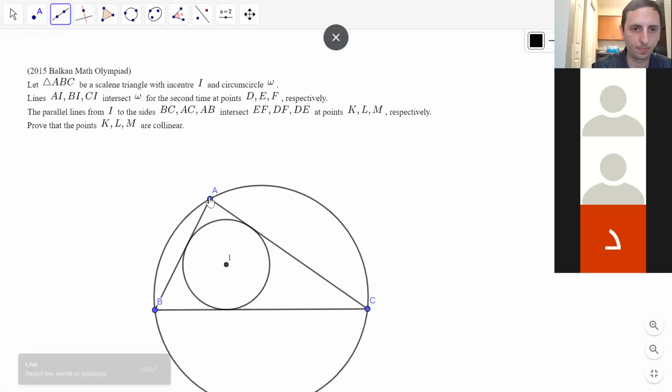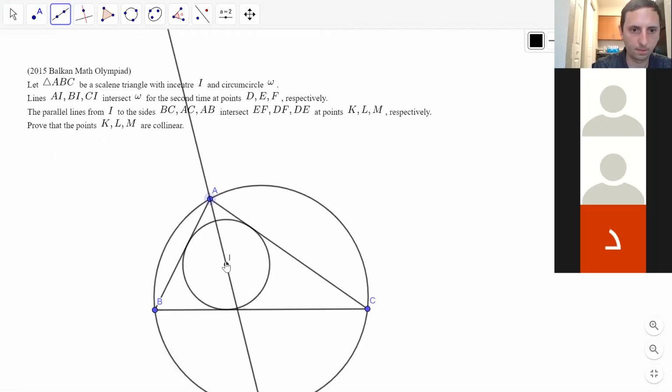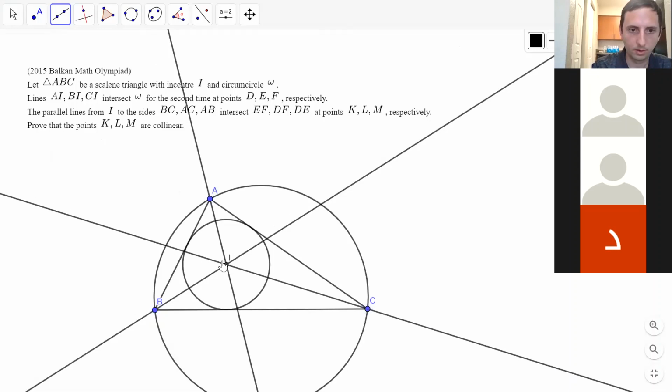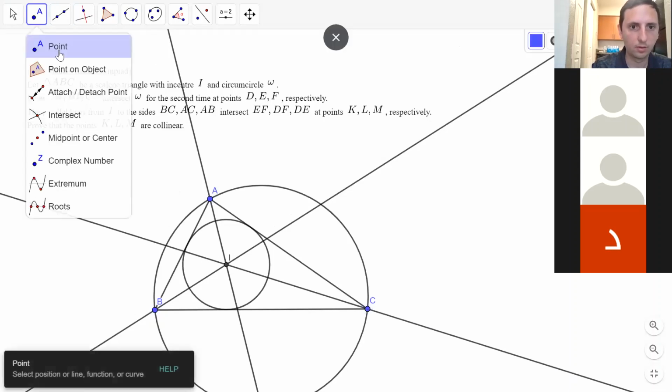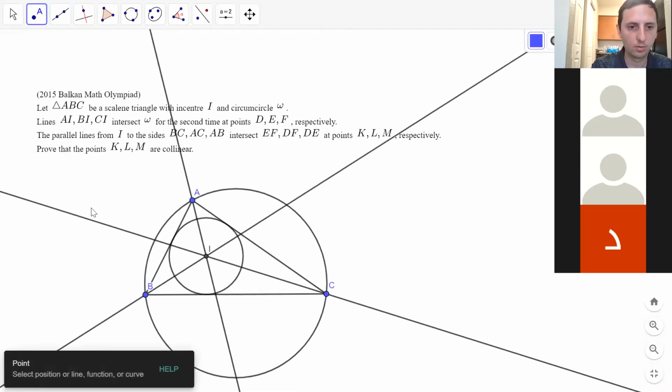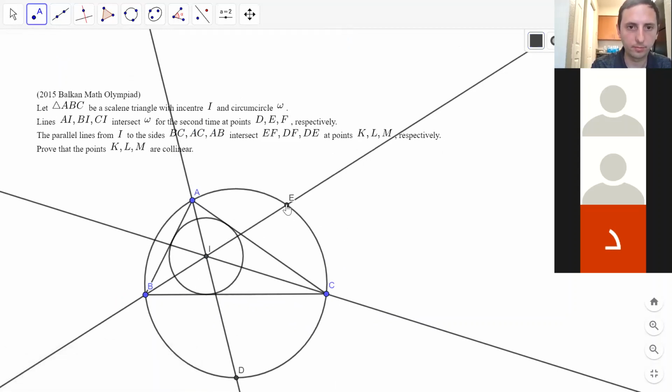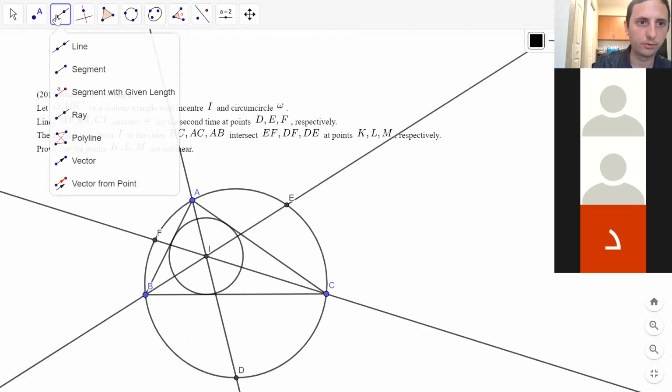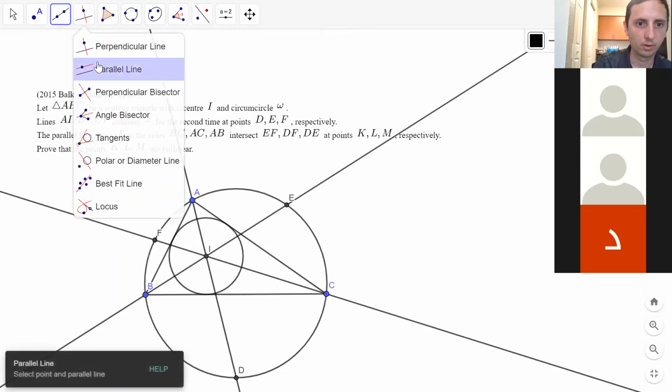So we have D, E, and F. And then we draw the parallel through I to each of the sides.